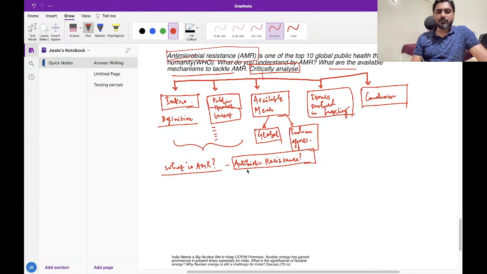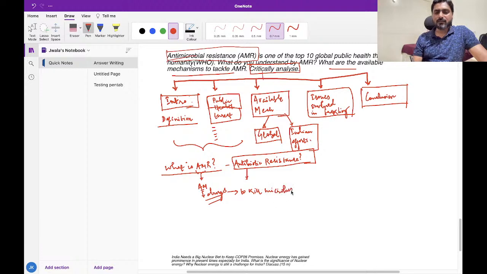First of all, what are antibiotics, or what are antimicrobials? Antimicrobials are your medicines. They are drugs which are designed to kill microbes. So what are the microbes?